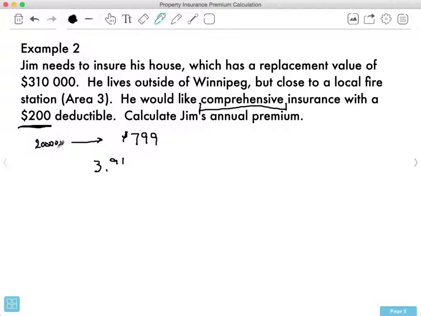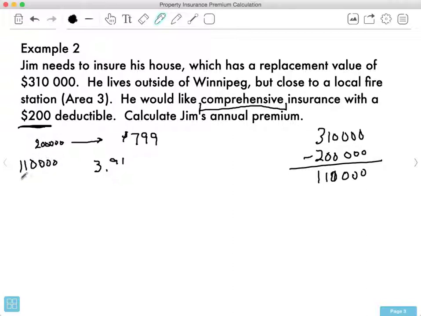You have to figure out how many extra $1,000 blocks he needs above $200,000. So if you take $310,000, and you wouldn't have to write this down necessarily, you could just do this on your calculator. Subtract how much he's already insured for, which is $200,000. I mean, he needs an extra $110,000 of insurance. So we take $110,000 and we divide it by 1,000.